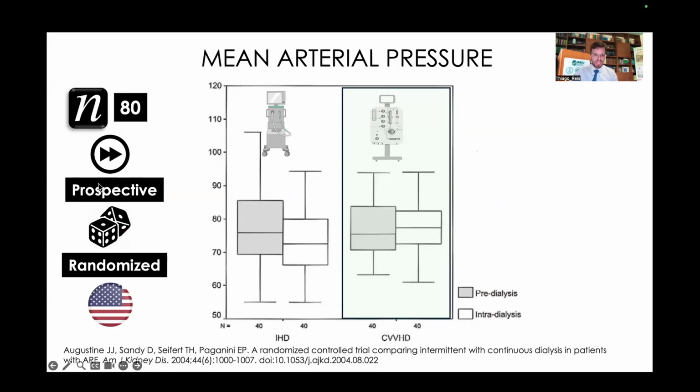In this trial carried out in the United States with 80 patients that were randomized either to receive intermittent dialysis or continuous dialysis, there was a drop in mean arterial pressure for patients in the intermittent hemodialysis group versus no drop in patients in CRRT.